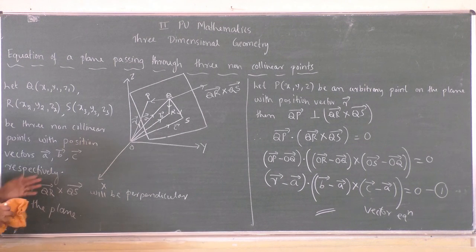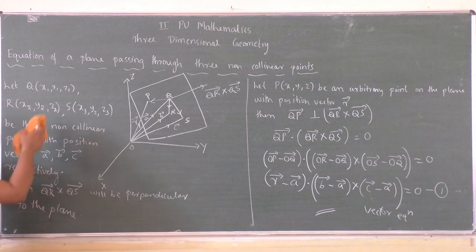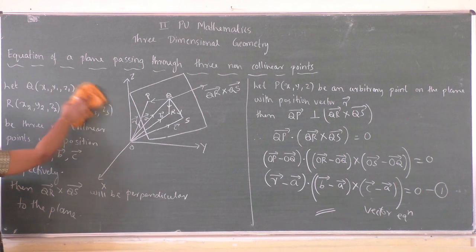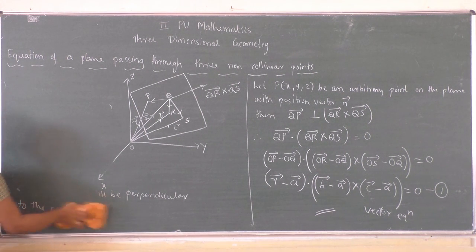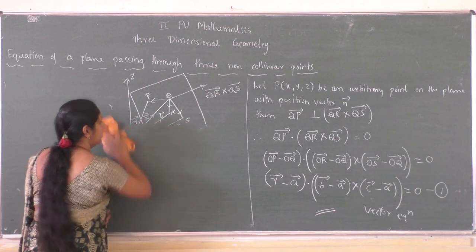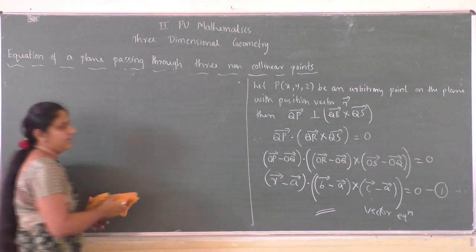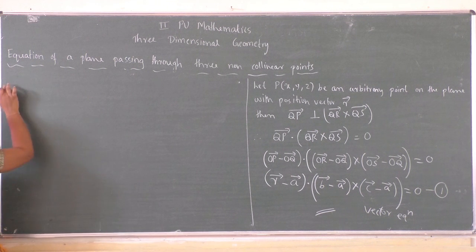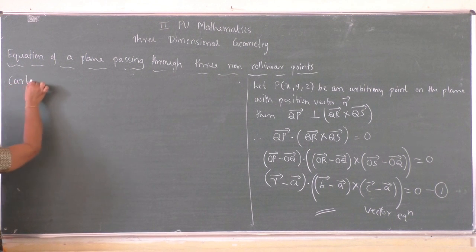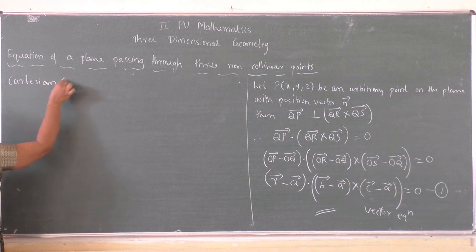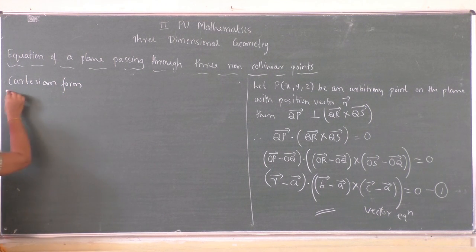Now we have to write the Cartesian form. We already took the coordinates of the points, right? So directly you can write the vectors R vector, A vector, B vector as well as C vector. For the required Cartesian form, we already know the coordinate of P is x, y, z.